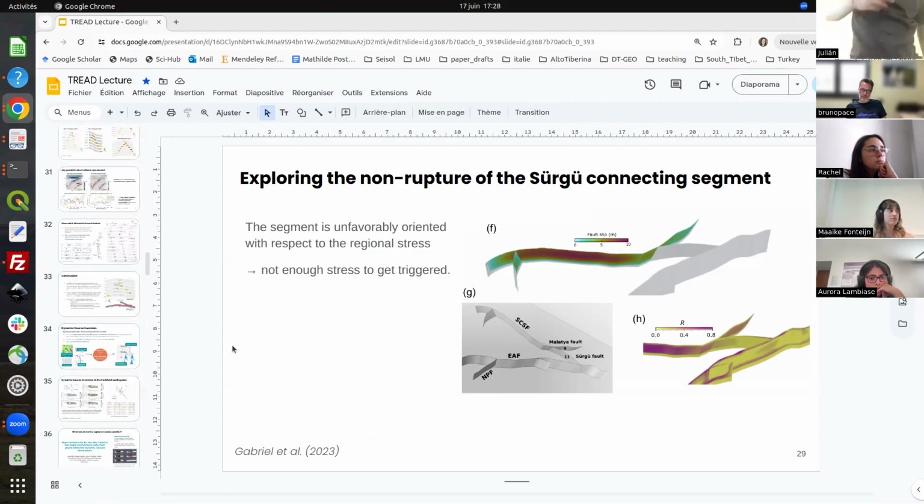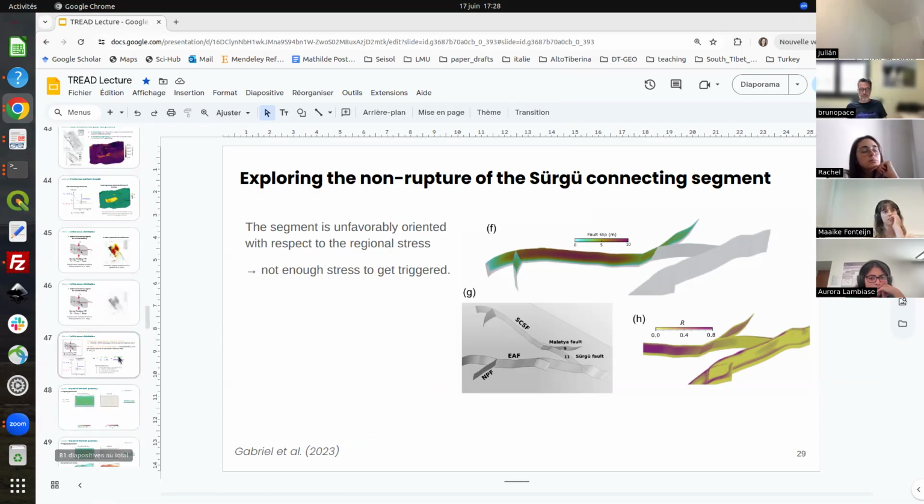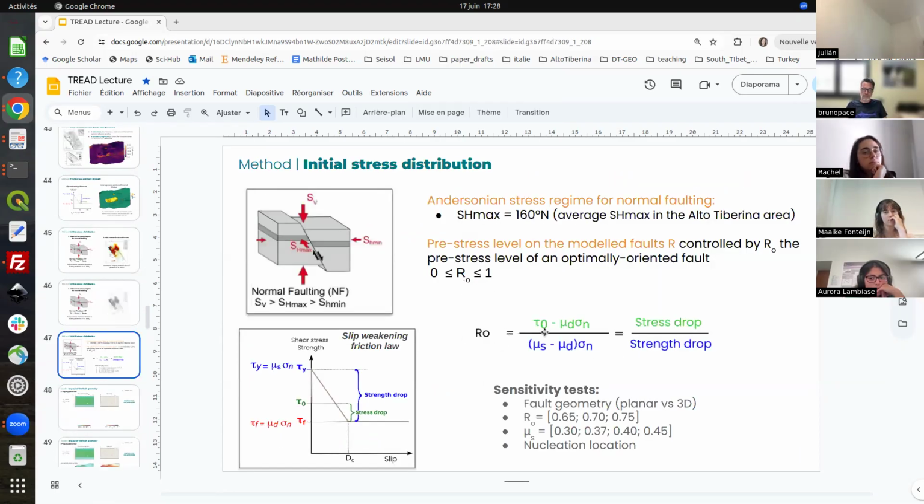I haven't explained it, I think, or maybe for the other study, we use the pre-stress level R, a parameter to prescribe the amplitude of the stress in the stress tensor. It's a feature of SISAL when we want to use an Andersonian stress regime for our simulation.